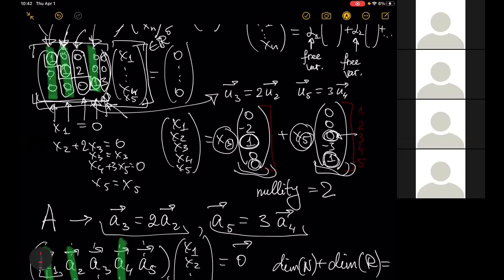Five entries, right? So the null space is spanned by 5-dimensional column vectors.